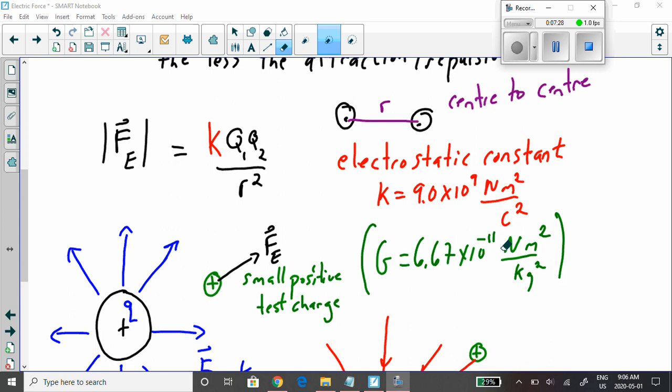You see, G has this unit right here, and it's basically telling you the force that is going to be produced depends on how far apart the objects are squared and multiplying two masses, kilograms times kilogram.